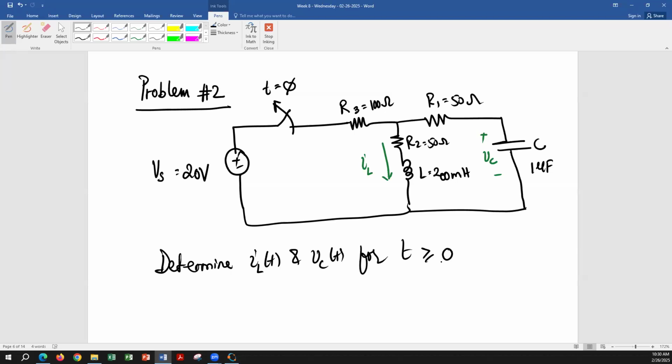Yes, Natasha. R3. Okay, what's the first thing that we do? We find the initial conditions. Who is going to tell me IL0 negative and VC0 negative?